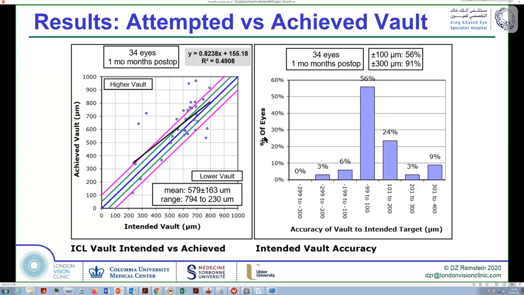And this is really exciting because when we talk about exchanges, we are not talking about lenses that are not the ideal size. We're talking about lenses, ICLs that are in, that we are very worried about and will not leave in the eye, and we must exchange them because of a serious safety concern.